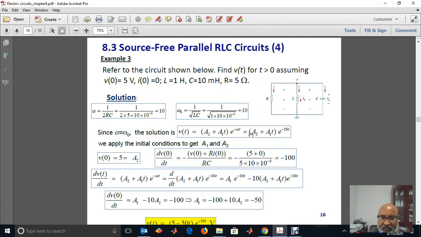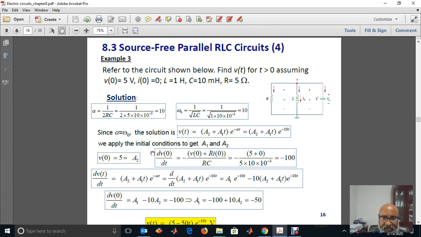The solution for the critically damped case is V of t equals (A2 plus A1 t) times e to the power of minus alpha t. We found alpha is 10, so we substitute and we have this. So what is unknown? A1 and A2. Where do we get A1 and A2? From the initial conditions.